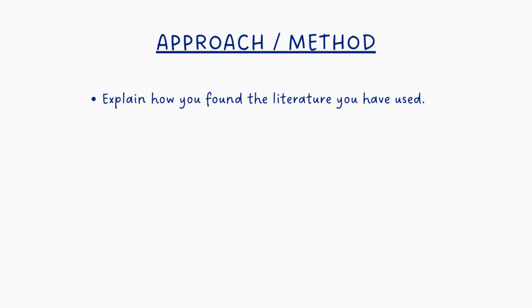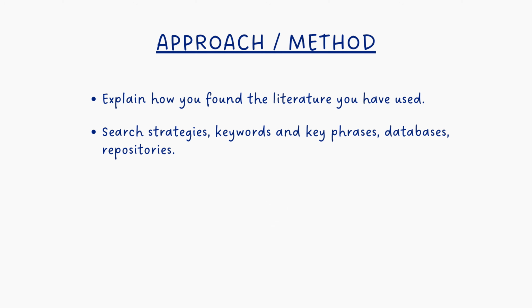So let's take a look at what goes into this part. So here in this section, chapter, whatever we want to call it, you write about how you searched for the literature that you included in your dissertation. So you're explaining your search strategies, you're outlining the keywords that you used to search for literature, you're noting the databases or the sources that you used, Google Scholar, for example.